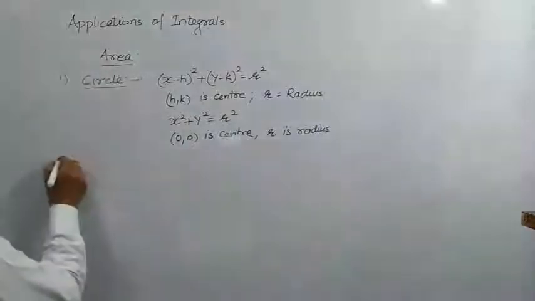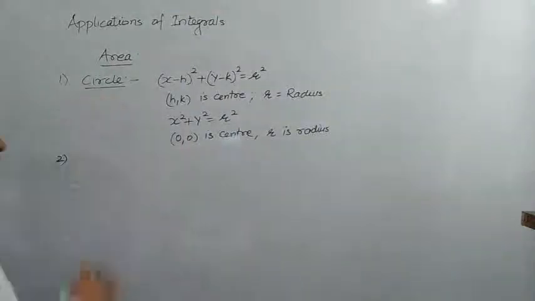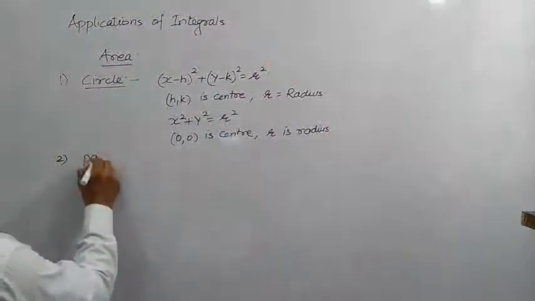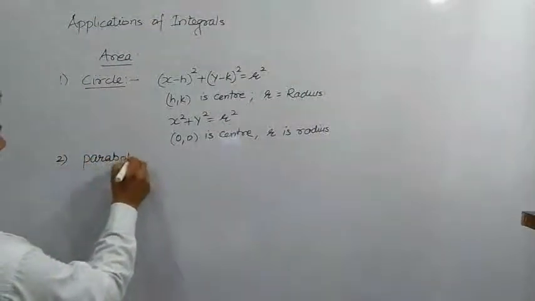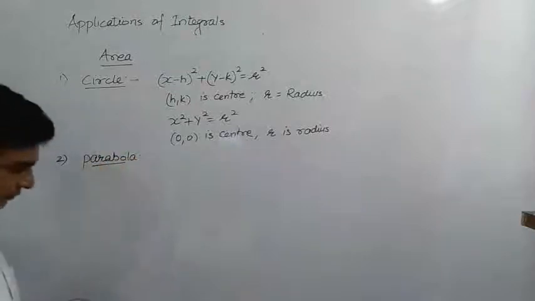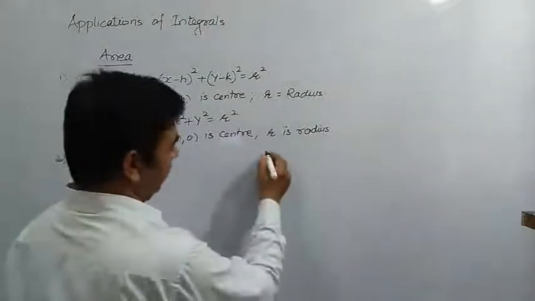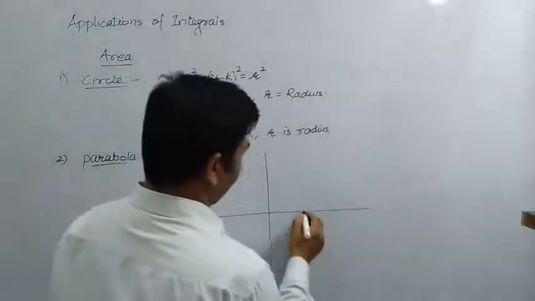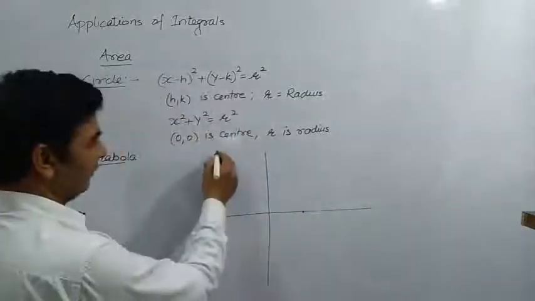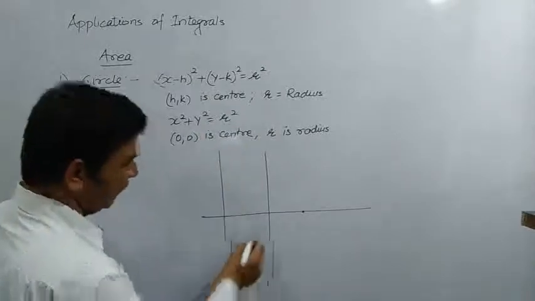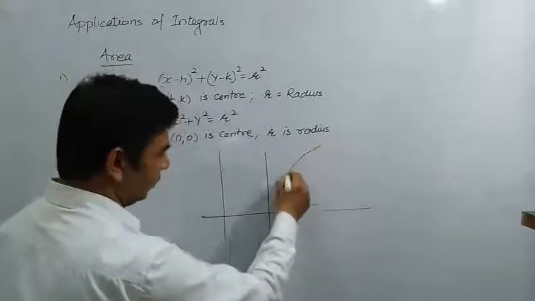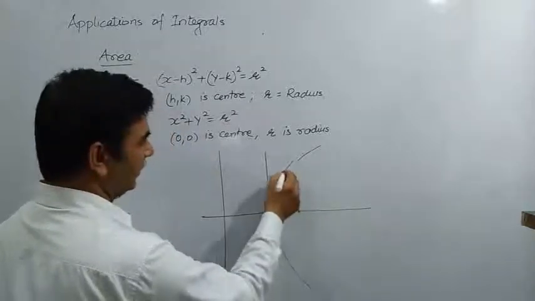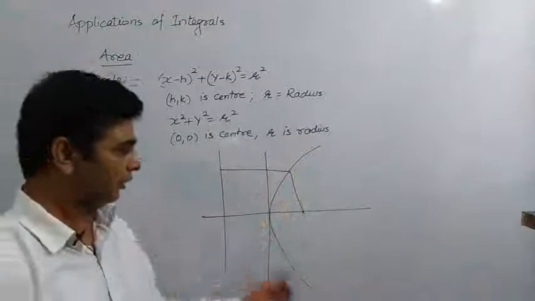Now let's discuss the second curved shape figure, or symmetric figure, which is known as the parabola. What is a parabola? Given a fixed point and a fixed line, the locus of all those points which are equidistant from this fixed point and the fixed line is known as a parabola.